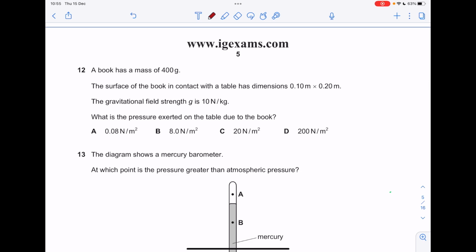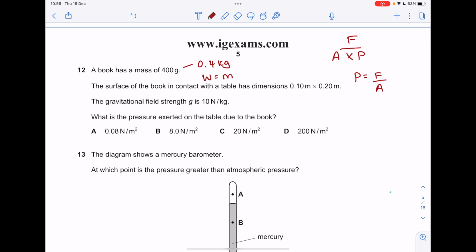A book has a mass of 400 grams, so that's 0.4 kilograms. The surface of the book is in contact with a table that has dimensions of 0.1 meters by 0.2 meters. Gravitational field strength is 10. What is the pressure exerted on the table due to the book? We want F, A, P here, where pressure equals force over area.